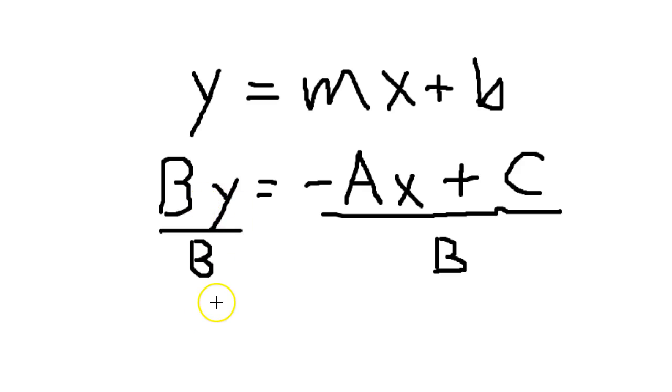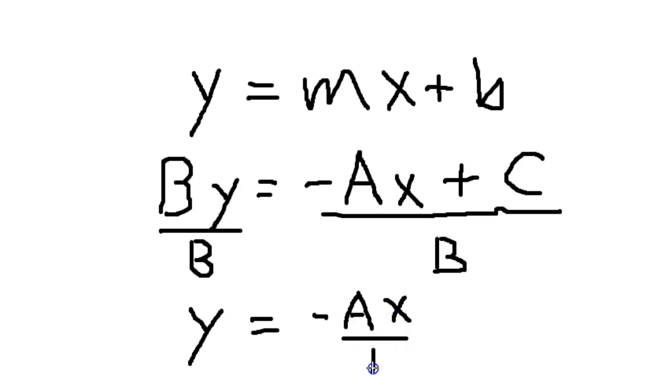On the left side of the equation, the b's cancel and we get y. And distributing the division by b on the right side of the equation, we end up with negative AX over b plus C over b. Okay, so far.